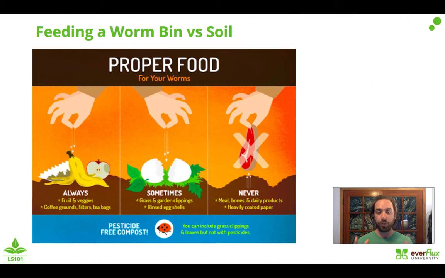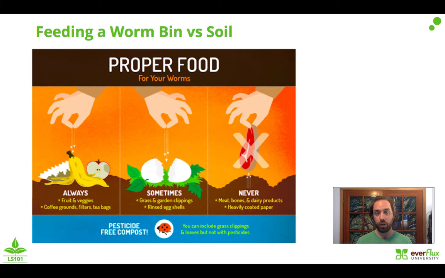Now the way that you feed your worm bin is really the most important thing of all. This is the trickiest part, although it doesn't have to be super tricky. There are just a few important rules that you have to remember. One is that there are certain foods that you just never want to feed your worms. So meat is not a good idea, dairy products.